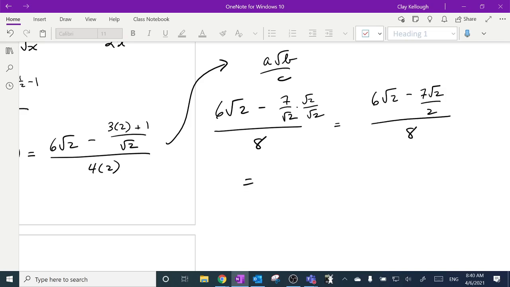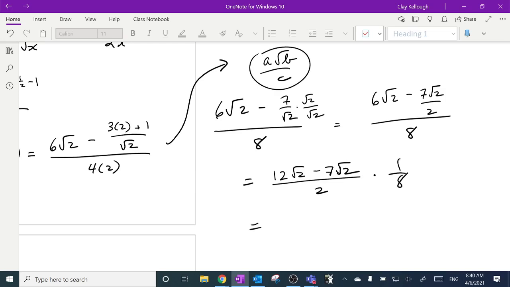Then I need a common denominator here of 2, so that's going to be 12 root 2 minus 7 root 2, all over 2. And instead of dividing by 8, I'll times by 1/8, because again, I want a single non-complex fraction here. And that's going to be 5 root 2 over 16, and that's the answer we were looking for.